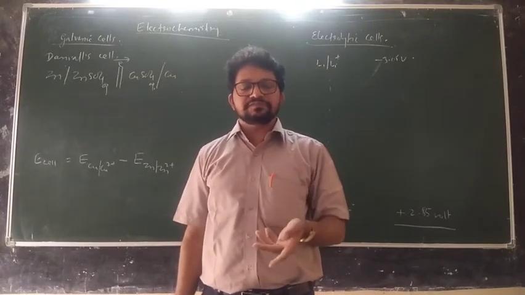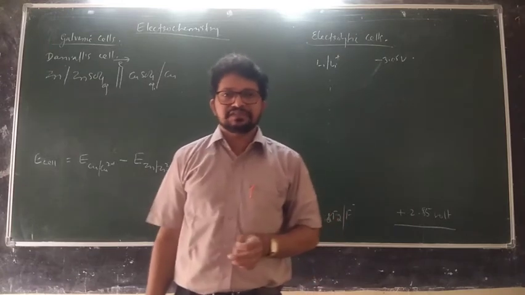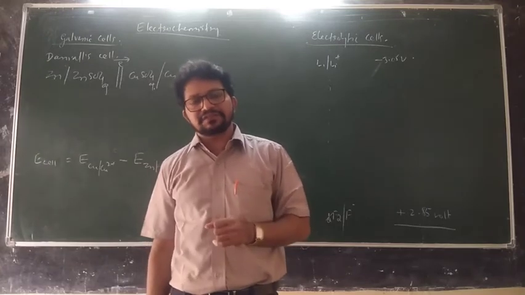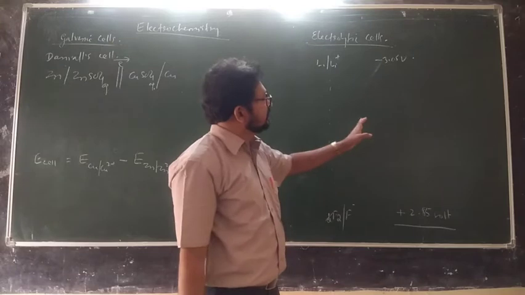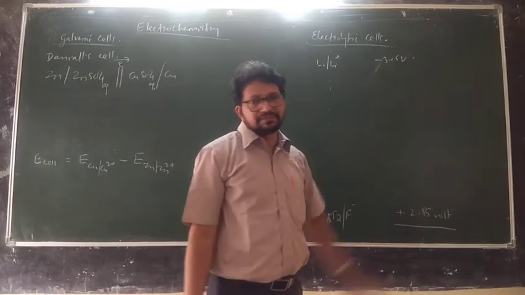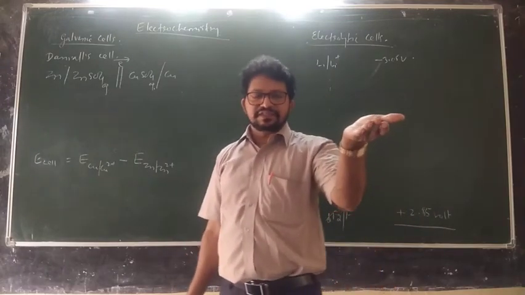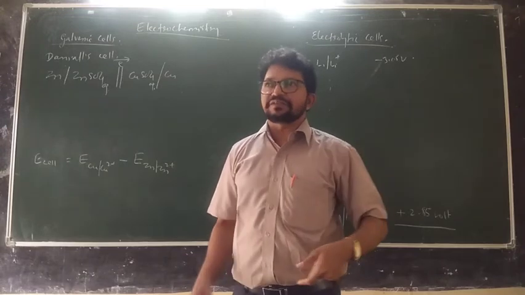If both are positive, less positive is anode, more positive is cathode. If one is negative and one is positive in SRP values, the positive one will be cathode and the negative one will be anode. So you have to know some of the members of the electrochemical series.